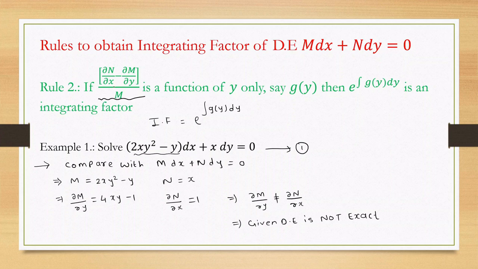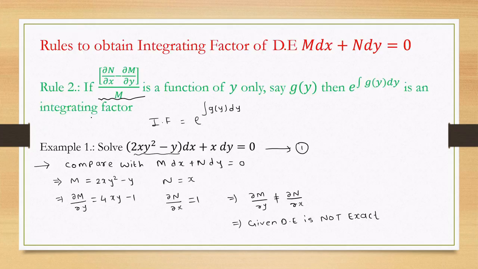(∂N/∂x minus ∂M/∂y) upon M. What is ∂N/∂x?